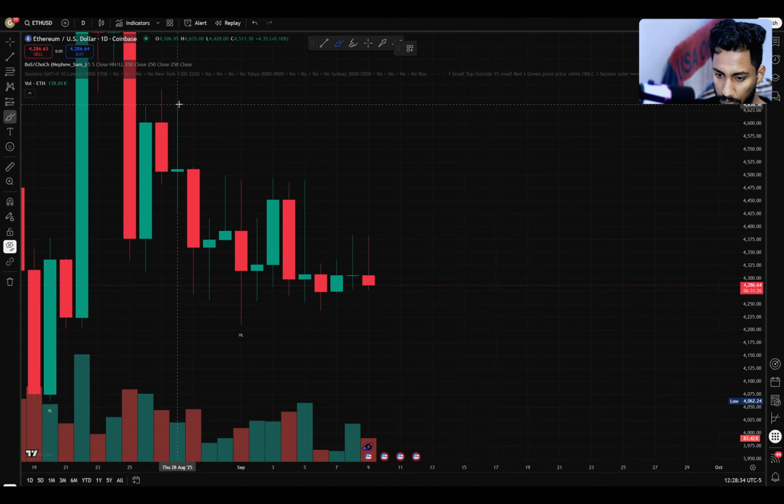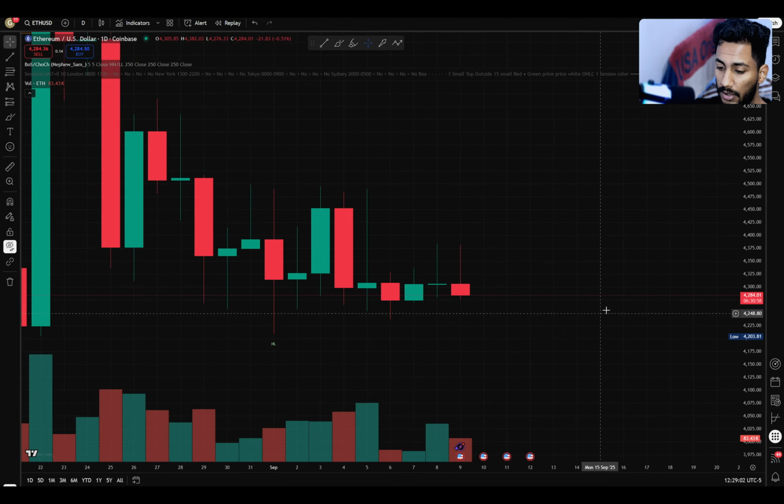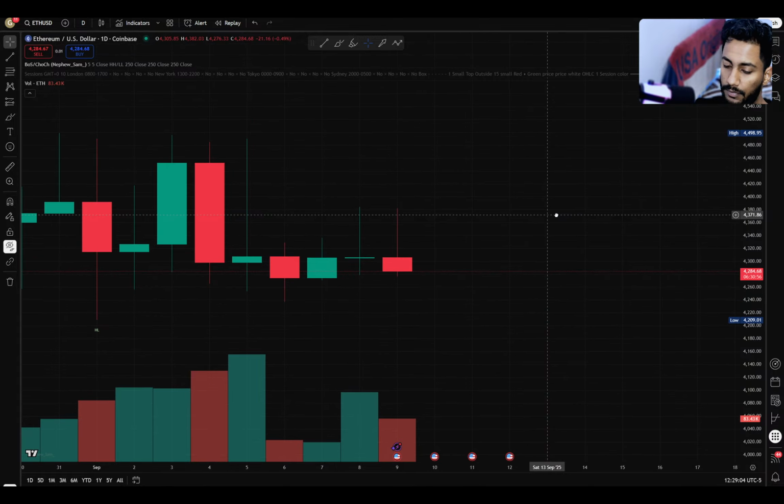The wicks included in here, the lines that you can see on top of the body, on the top of the body and the bottom, are called wicks.